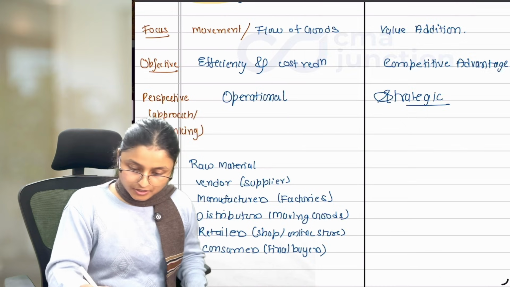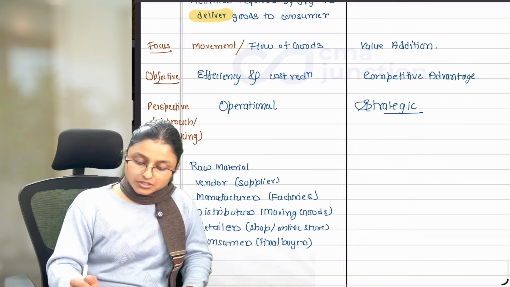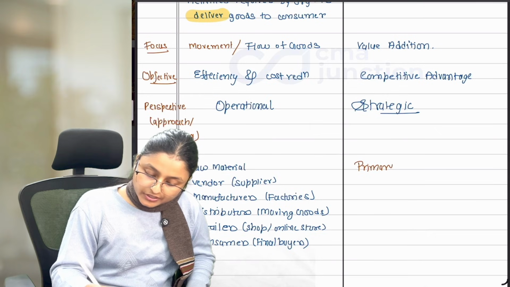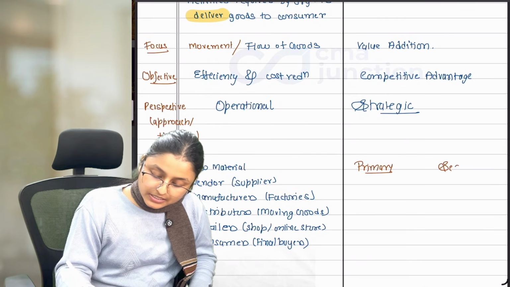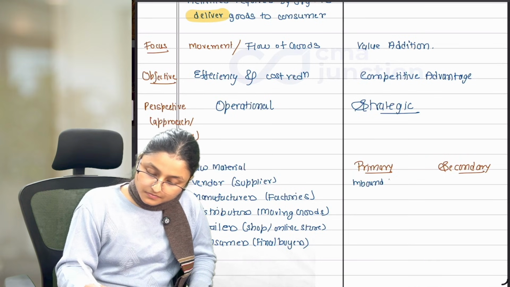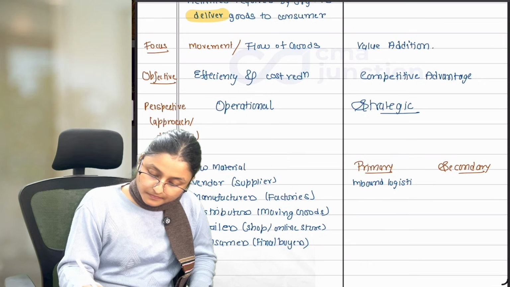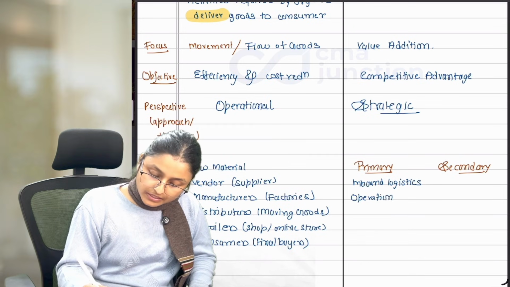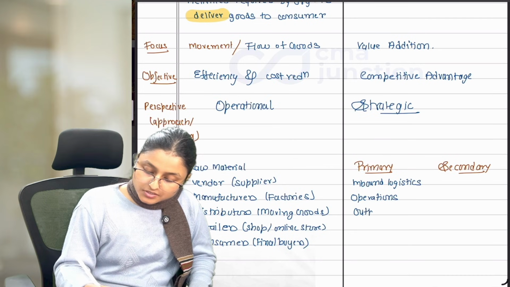Done. Next, if I talk about activities or steps involved in value chain, we have two different types of activities, primary and secondary. Primary are inbound logistics. Then comes operations. Then we have outbound logistics.